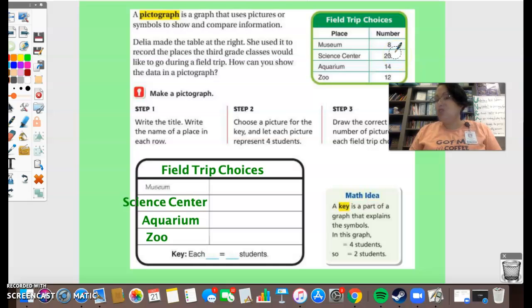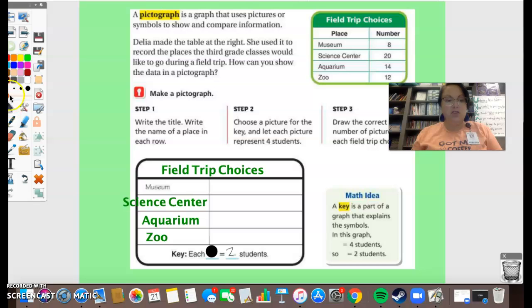What about 2s? Would 2s work for every one? I think we could do 2. You could also do 4s because all of them are multiples of 4, but that might be a little bit more complicated. I think if I were doing this, I would say each circle equals 2 students.